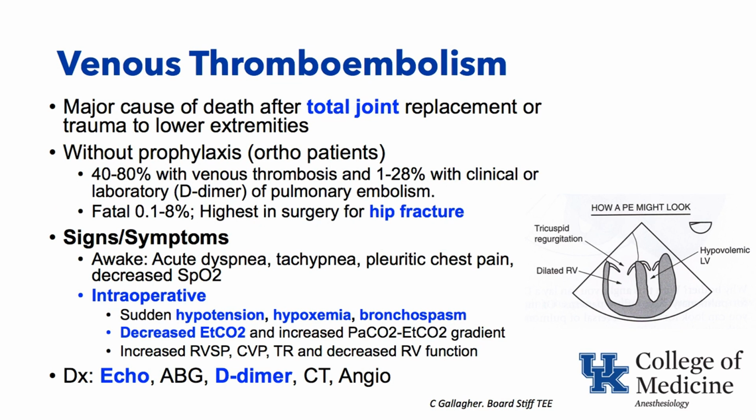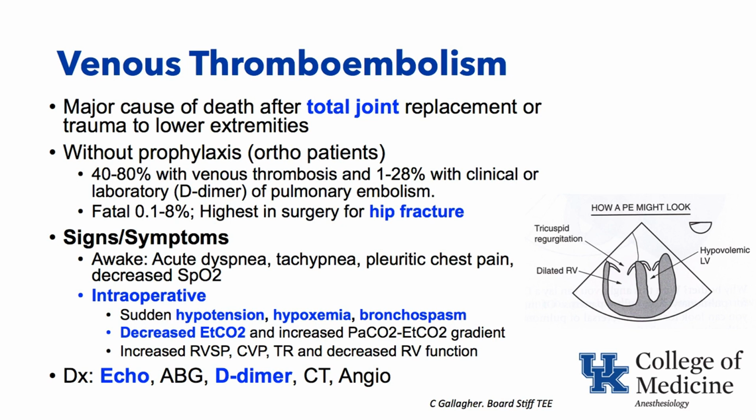It's a major cause of death after total joint replacement or trauma to the lower extremities. Orthopedic surgeons are very adamant about prophylaxis against thromboembolism in the perioperative period. Why? Because without prophylaxis, more than half can end up with a venous thrombosis, and in some studies up to a quarter with clinical or laboratory D-dimer, for example, diagnosis of pulmonary embolism.